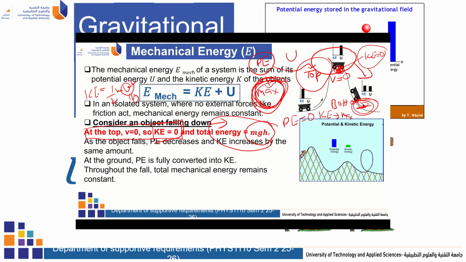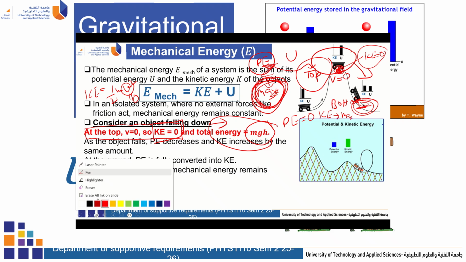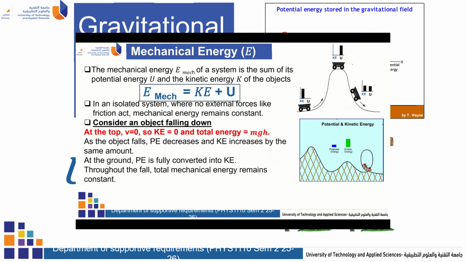At the top, the potential energy is maximum, but at the bottom it is zero. So it will be reverse. The property is reverse at the top point and the bottom point. At the top point the kinetic energy is always zero and the potential energy is maximum.